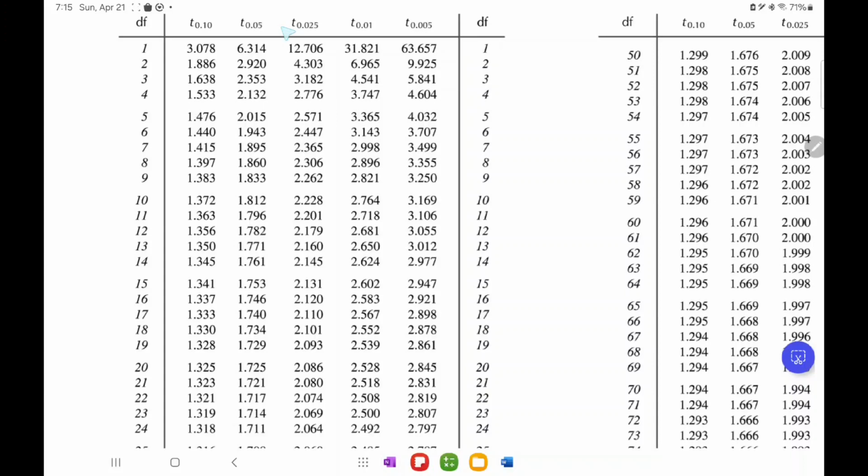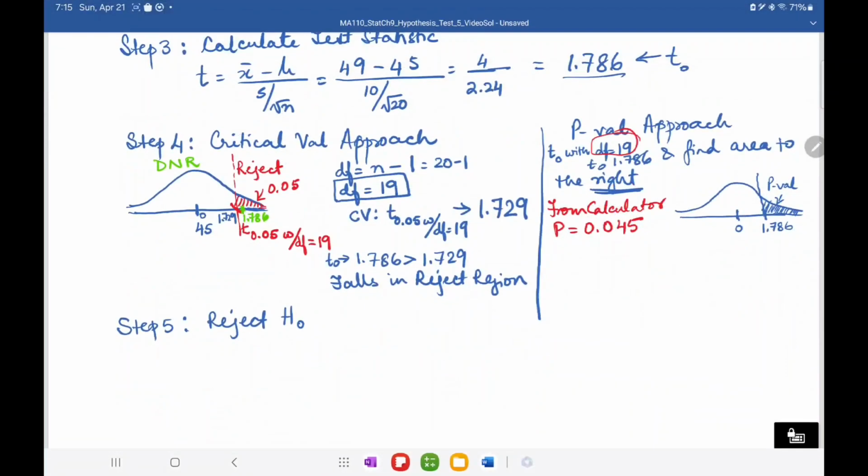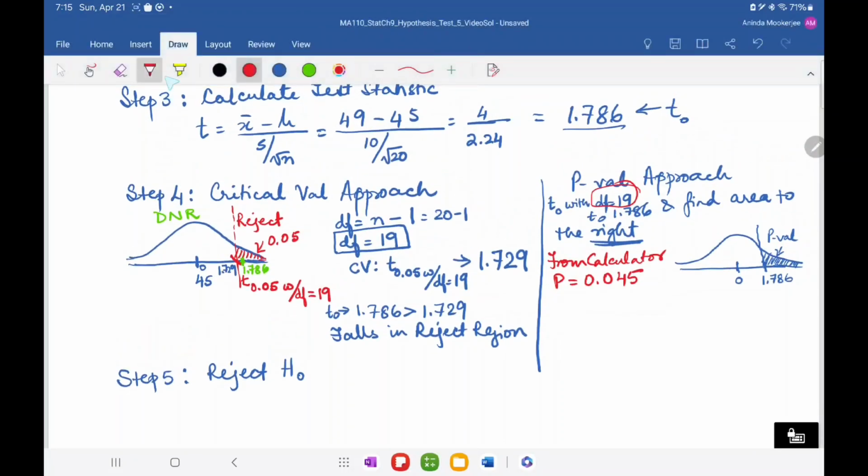So the p-value would be a value between 0.05 and 0.025. And we know that the 0.045 that we found from our calculator is a value between these two alphas, correct?